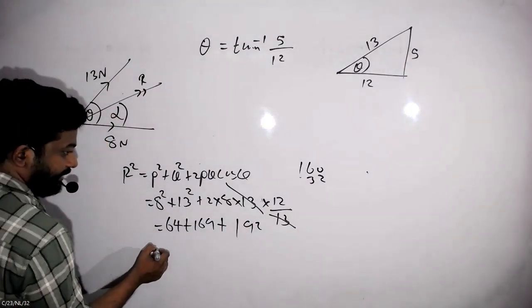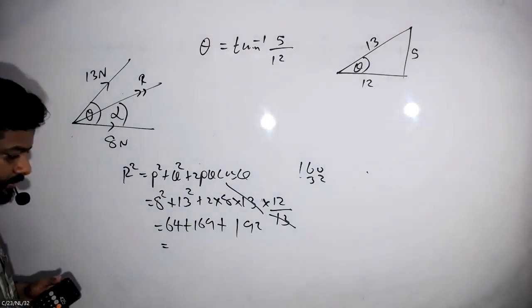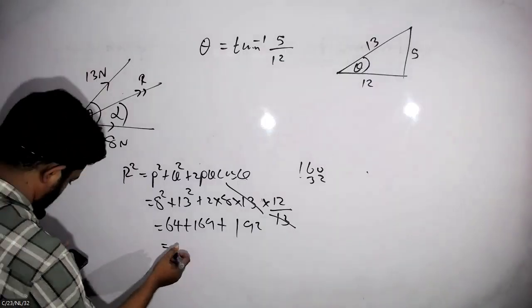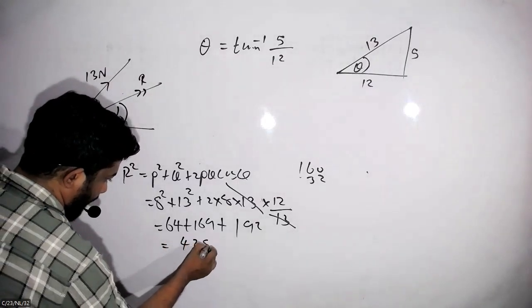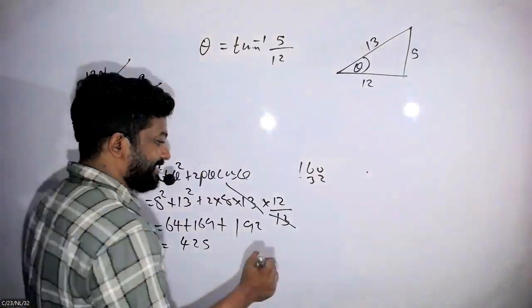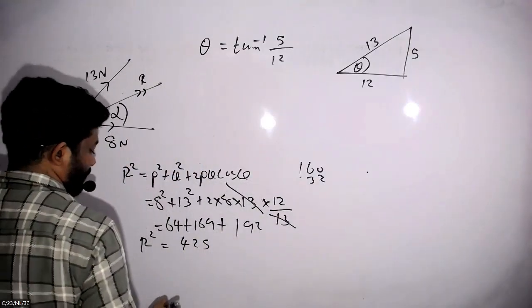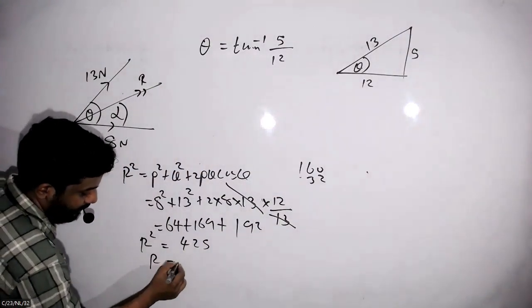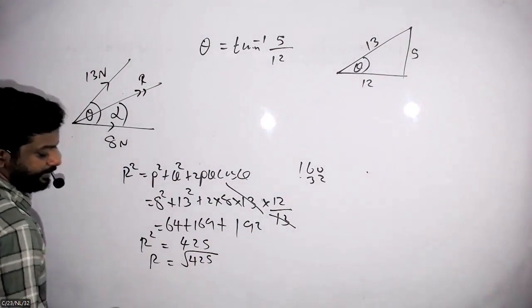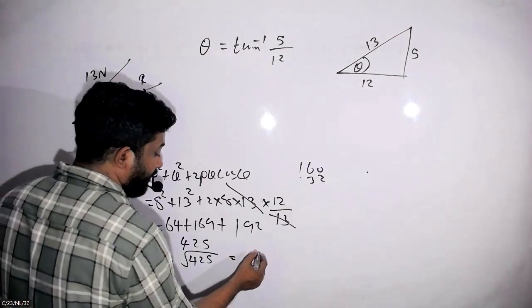Then the answer is 425, which is the value of R squared. Then easy, you can find the value of R. R is equal to the square root of 425. Take the square root of 425, you can obtain 17 into 25.